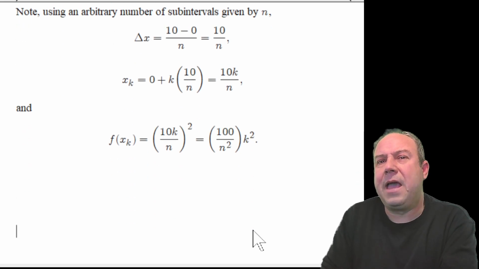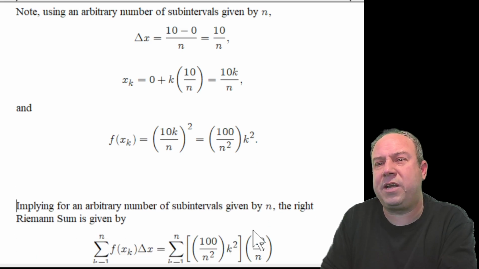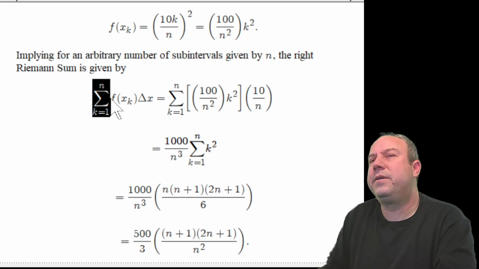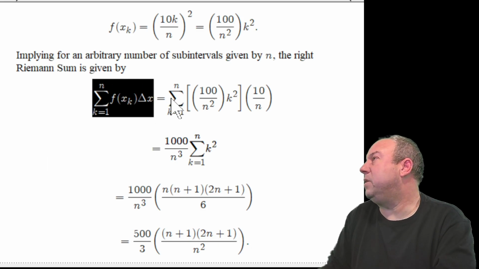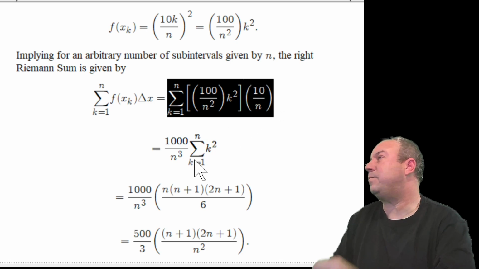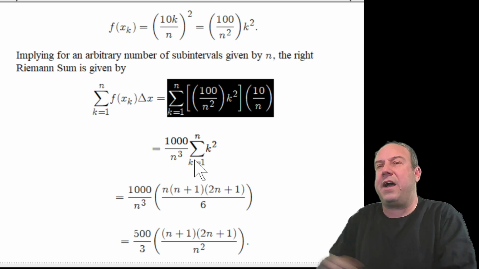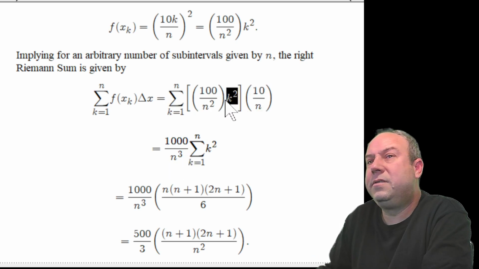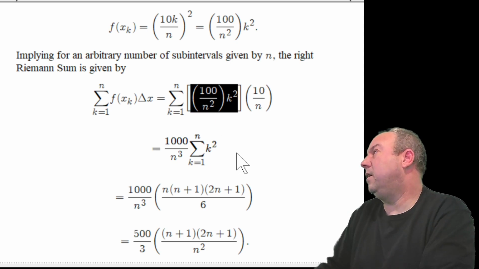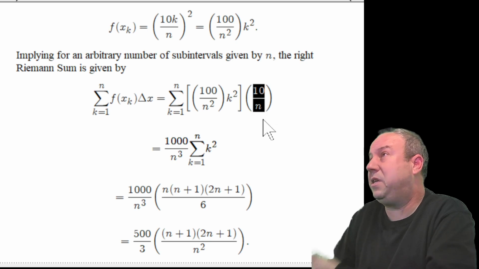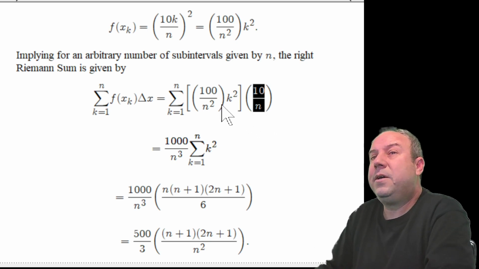Right? And if we do set up that Riemann sum in general for this arbitrary number of subintervals, we do end up with that Riemann summation given by this quantity seen here, where we are going to take our value f at x sub k, seen above, this quantity, and multiply it by our value of delta x, which again we found to be 10 divided by n.